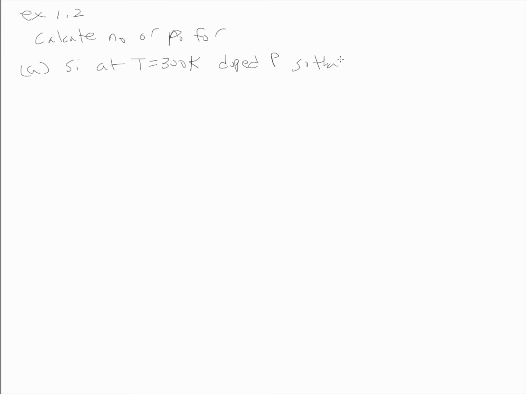Phosphorus is a donor, so Nd is equal to 10 to the 16th per cubic centimeter. That's the concentration of your phosphorus atoms. And previously we calculated that Ni is 1.5 times 10 to the 10 per cubic centimeter, your intrinsic concentration for silicon.